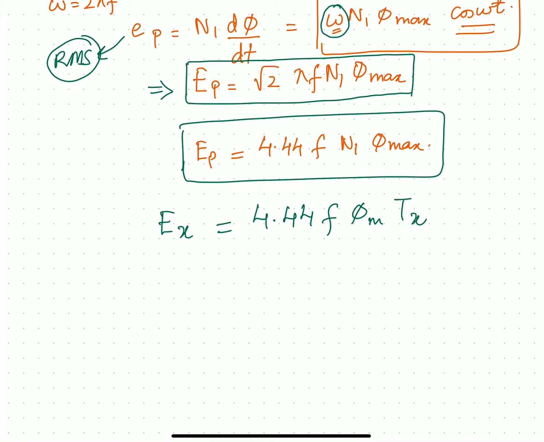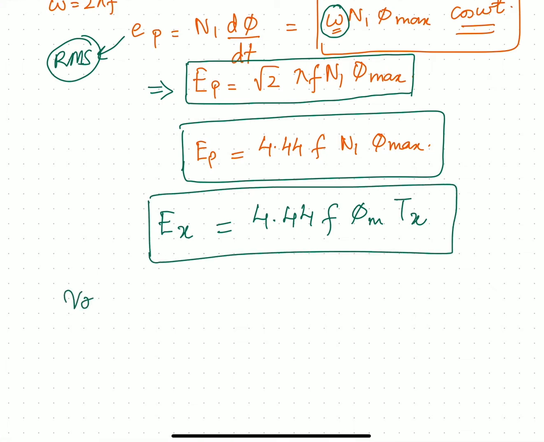We can call this T. So this is the voltage induced in a transformer winding.